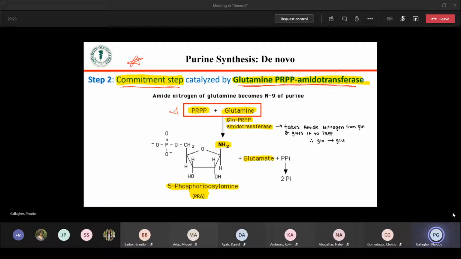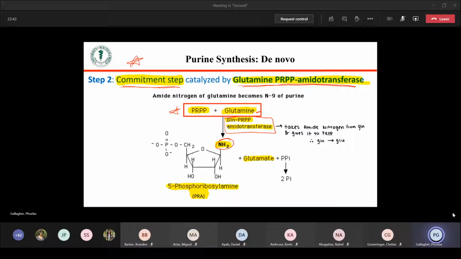So definitely know that you take the PRPP, which we made in step 1, and you're going to add glutamine to it. And then through glutamine PRPP aminotransferase, definitely remember this enzyme name, it's going to take the amide group from the glutamine and add it right here to the PRPP.